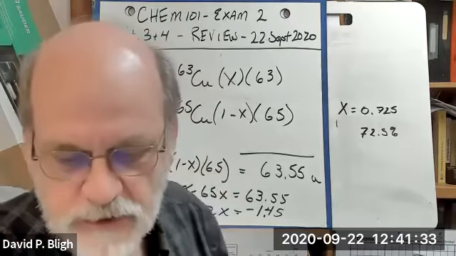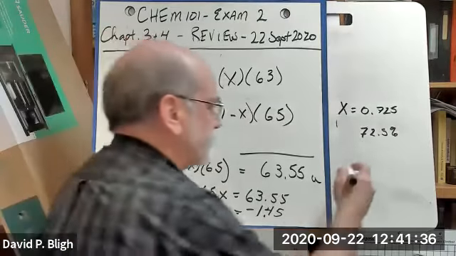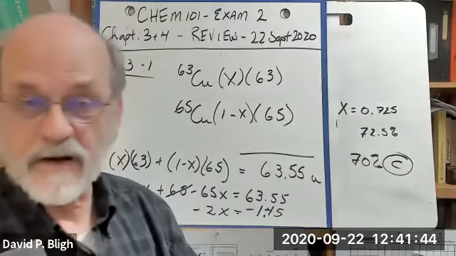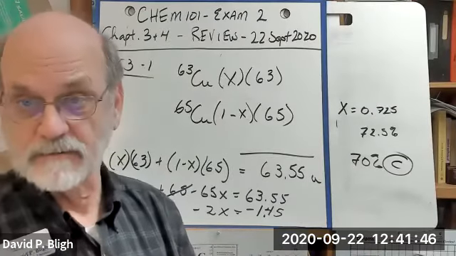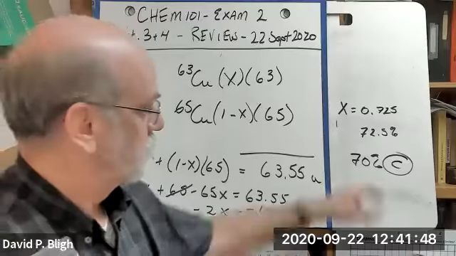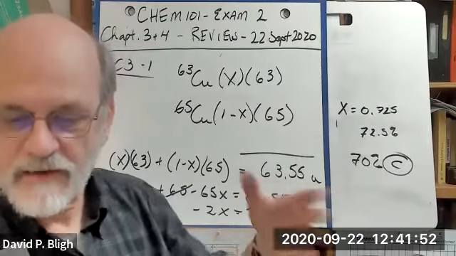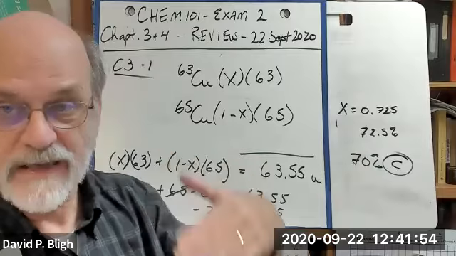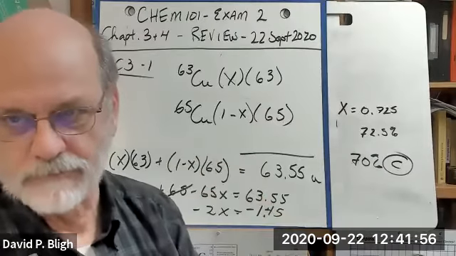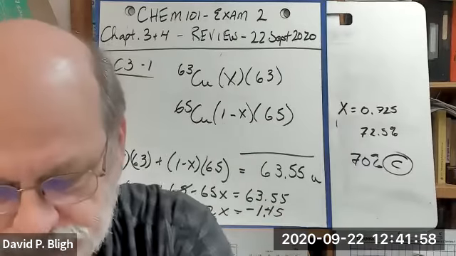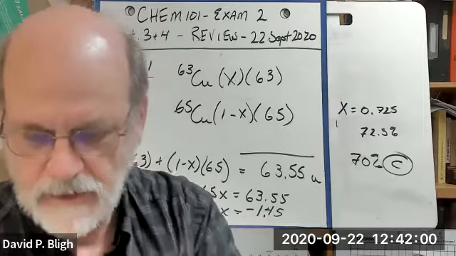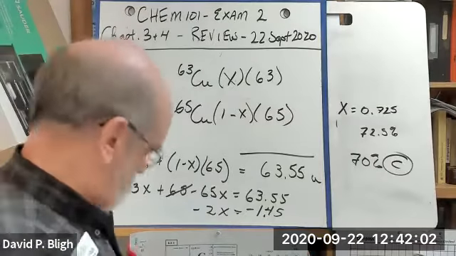And the best answer in this group is 70%, or C. If there had been another choice, say none of the above, then you pick that one because you got that and it's not there. But since you have values for every A through E, then you pick the best one.